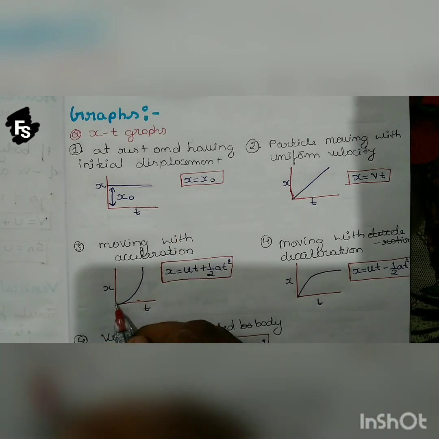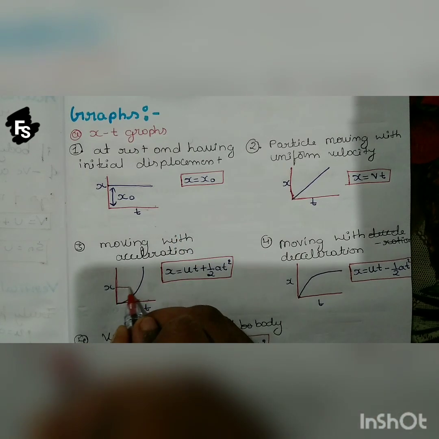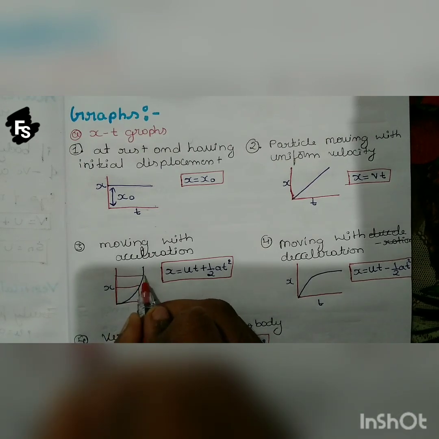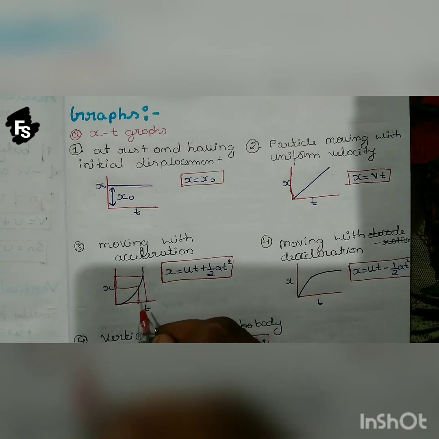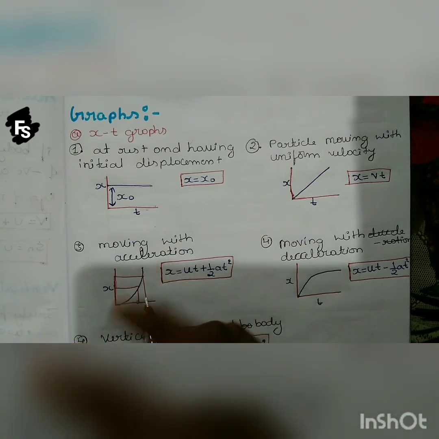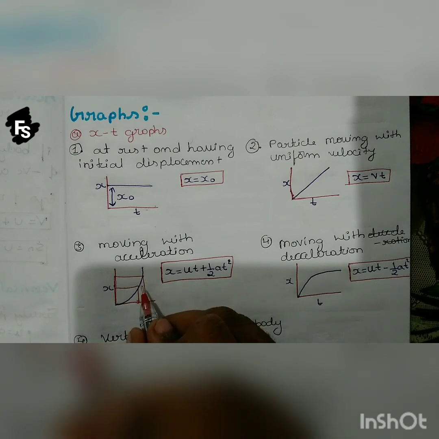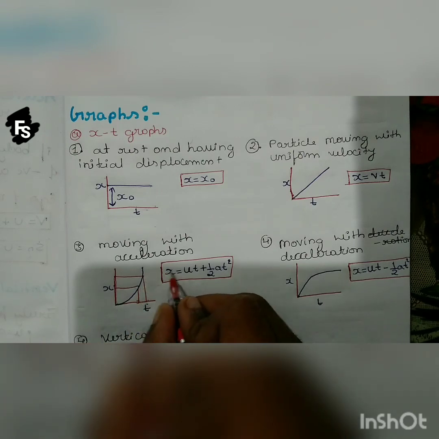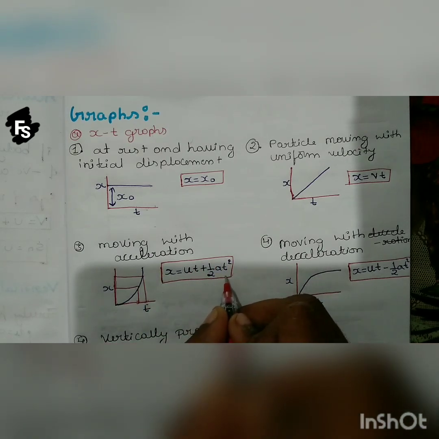See here, the distance is more but the time taken is less. The body is moving more distance but covering it in less time, so the graph will be hyperbolic. The equation can be said as x equals ut plus half at square. The equations are not asked in exams, but we have to remember them.